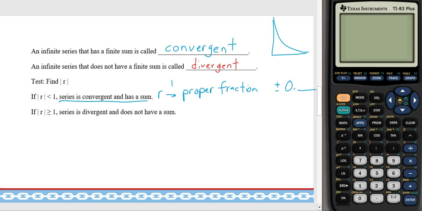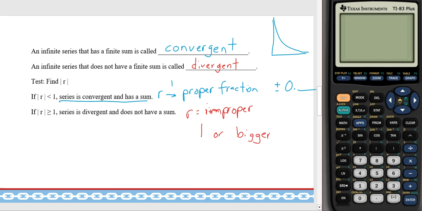So if your r value is an improper fraction, or any other value that is 1 or bigger, that sequence and series is divergent.